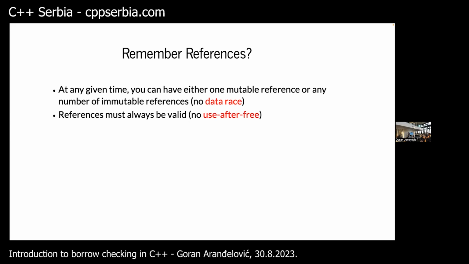But the important thing is that if you have at least one mutable reference that is still alive, I'm not talking about the object itself, but a reference which is still alive, you cannot have any other immutable references.